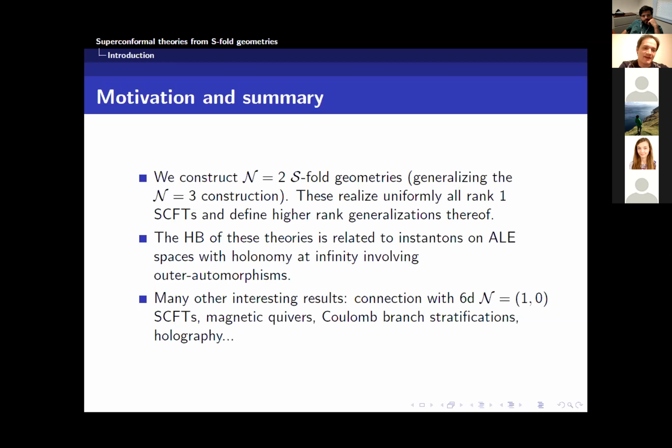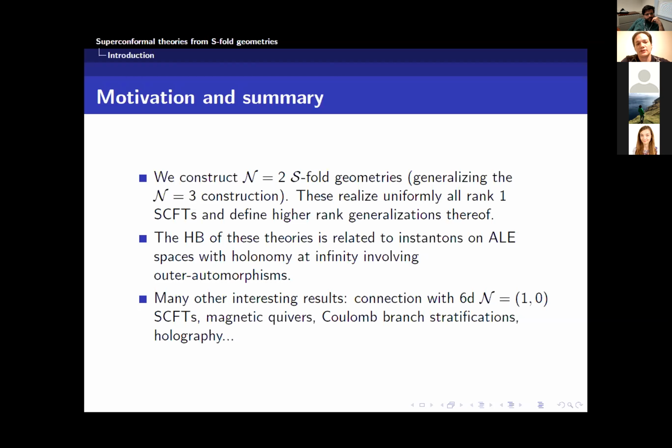We can directly find arbitrary rank generalizations of these. Another interesting point is the moduli space of these theories. The Higgs branch is related to instantons on Lie spaces, but not of the type discussed by Kronheimer and Nakajima.